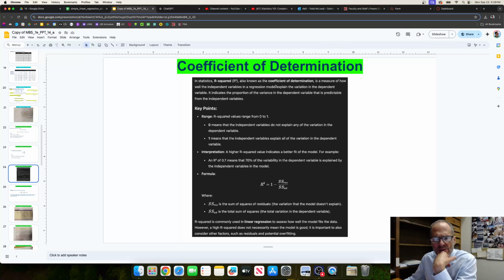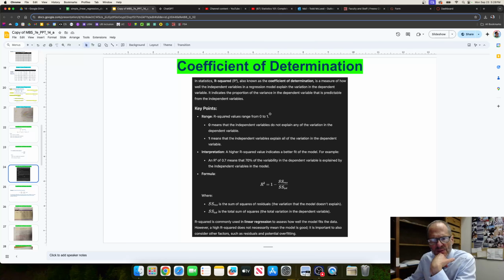And so you could see an explanation here of r squared. R squared is known as the coefficient of determination, and it's a measure of how well the independent variables in the regression model explain the variation in the dependent variable. It indicates the proportion of variance in the dependent variable that is predictable from the independent variables.